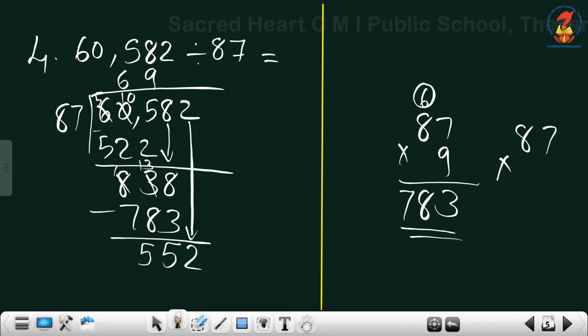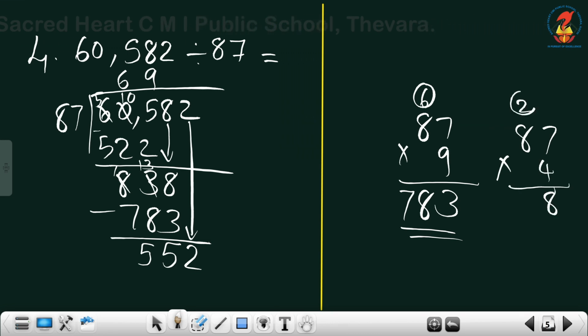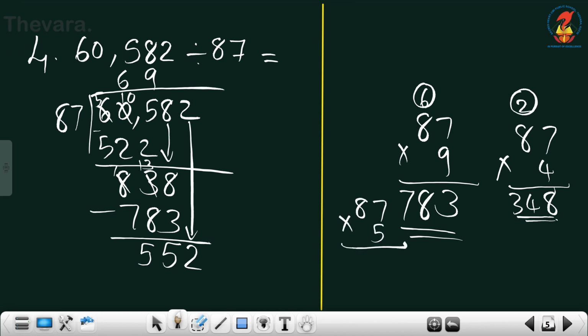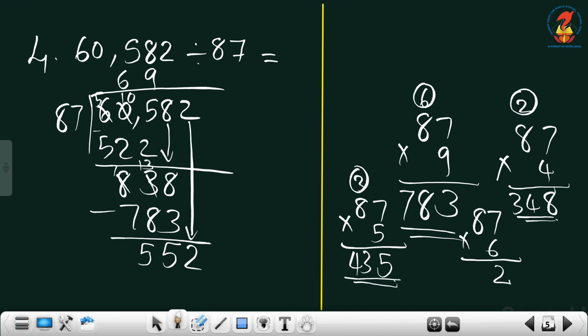87 into 4 we can check. 4 7s are 28, 8 4s are 32 plus 2, 34. Then 87 into 5 I can check. 7 5s are 35, 3, 8 5s are 40, 40 plus 3, 435. Again I need to check. 87 into 6 is what? 6 7s are 42, 4, 8 6s are 48 plus 4 is 52.